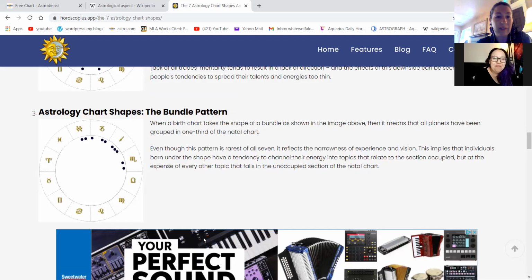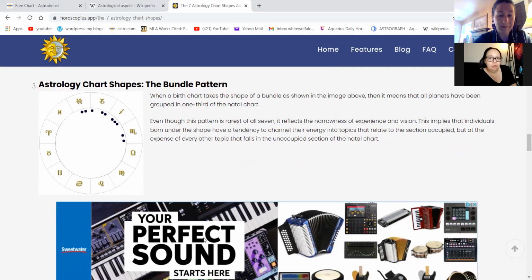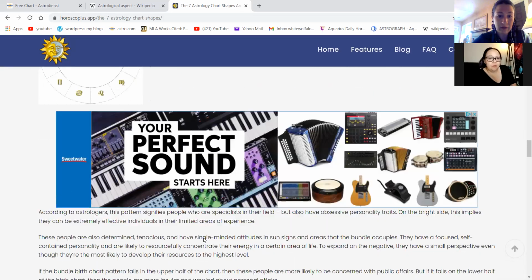This implies that individuals born under this shape have a tendency to channel their energy into topics that relate to the section occupied, but at the expense of every other topic that falls in the unoccupied section of the natal chart. So they're hyper focused. It's like having blinders on. But that works for them because they're here for specific things. Right.